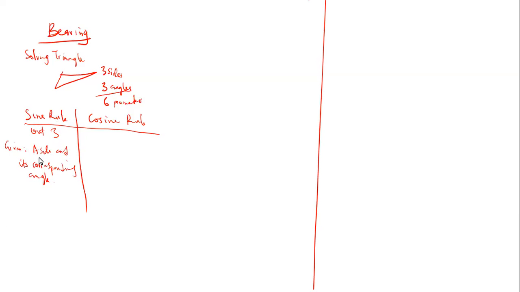But how do you know a side and its corresponding angle? When we drew the diagram the other time, I told us, this is A, this is B, this is C. This angle is the corresponding angle to side A, so you name it as A. This is angle B, the corresponding angle to this side, so we name this side small b.